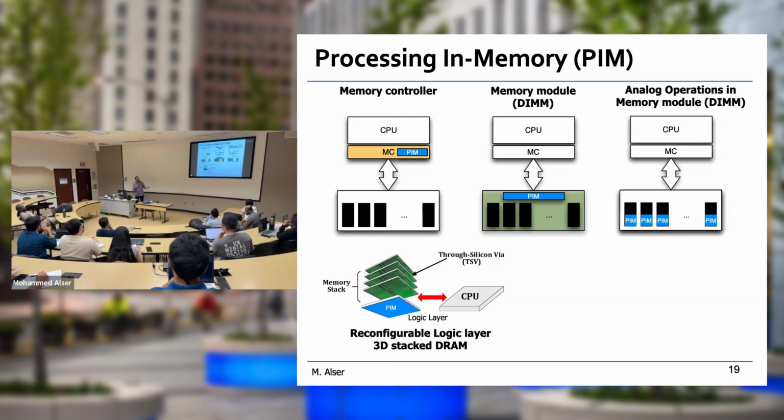We usually have a single layer of logic computation. And this logic is normally reconfigurable. So you can think about it as FPGA fabric, which is an entire layer over there. And every time you want to do computation, you move the data from those layers of memory all the way to the PIM, do the processing, send back the result, and that's it.